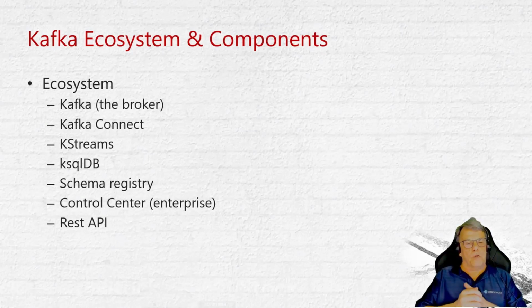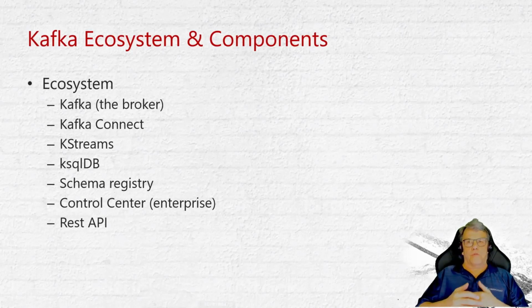We have Kafka Connect, which allows us to connect to sources and publish to Kafka, where Kafka is a sink, or we can read data from Kafka. Kafka is a source, and we can send it to other sinks such as databases. We have K-streams.